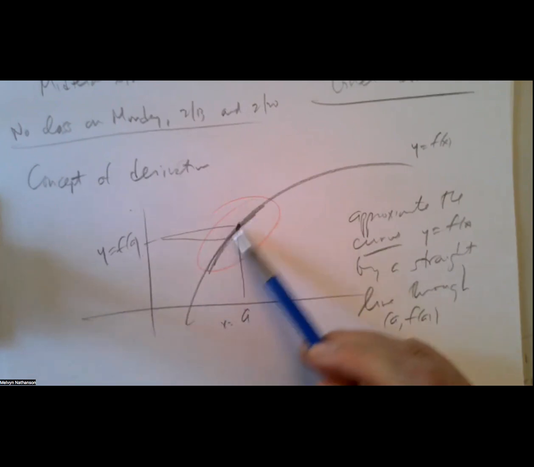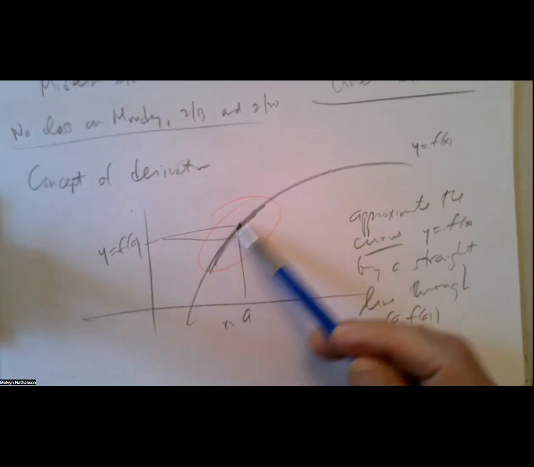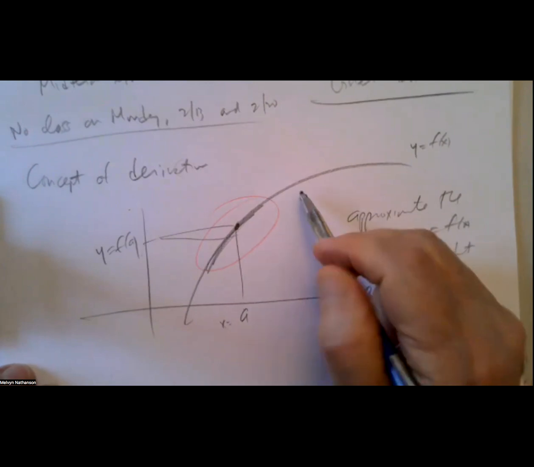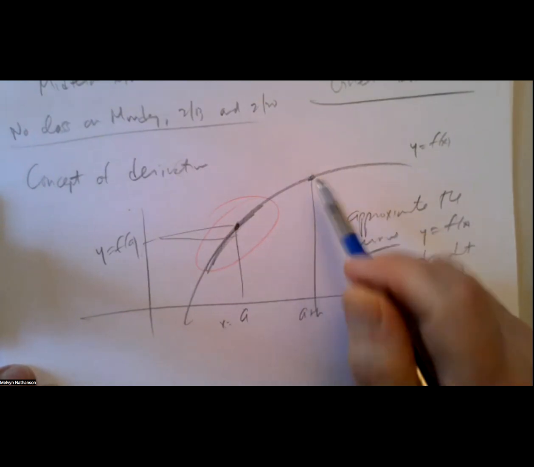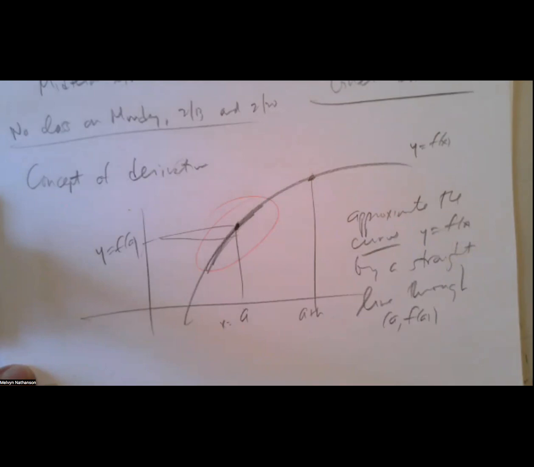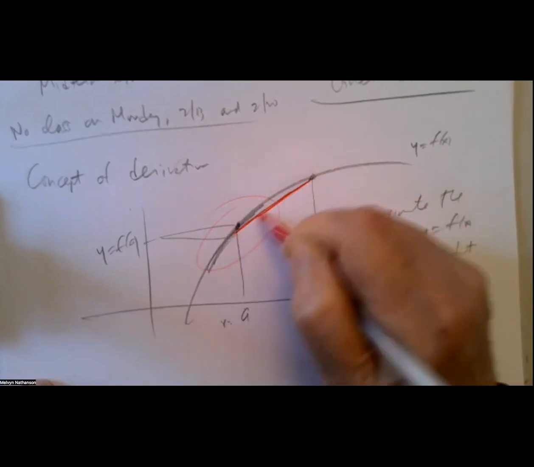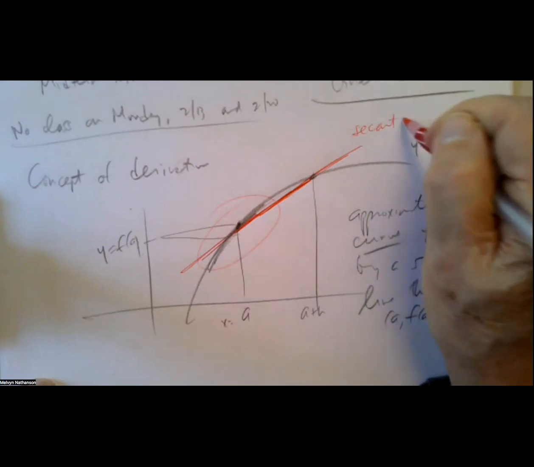So how do we find a straight line that's approximately equal to the curve? That means that's close to the curve. So you can always take another point on the curve. So let's say you go from a to a plus h, and you look at the point on the curve when x is equal to a plus h, and you draw this line connecting them. So this line is called a secant line.